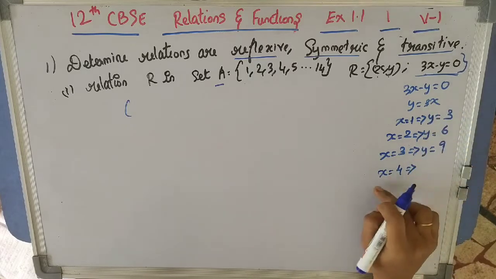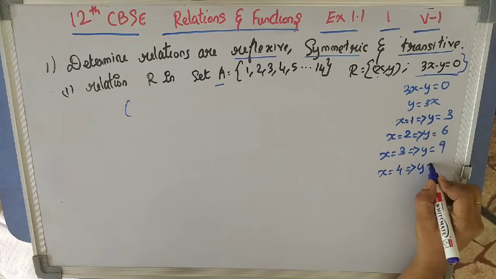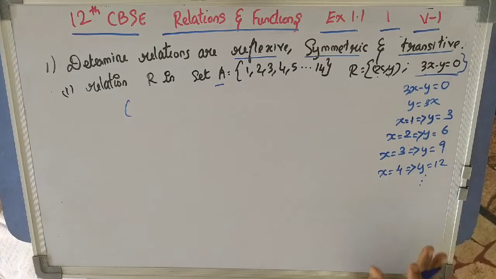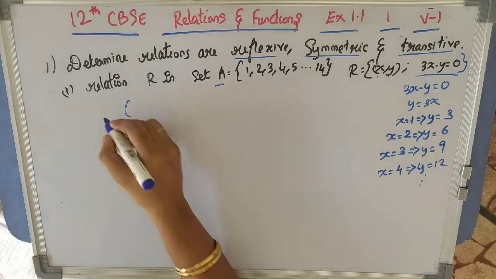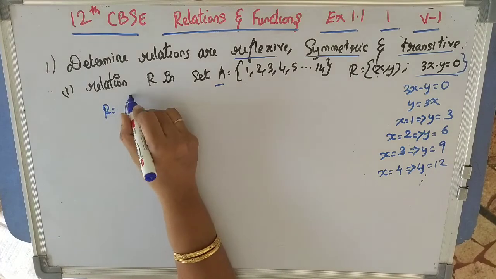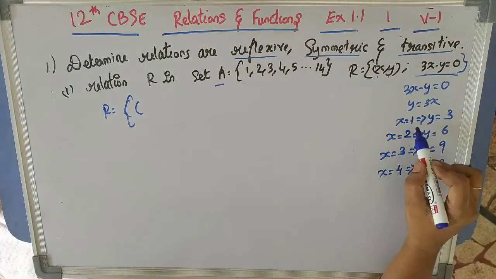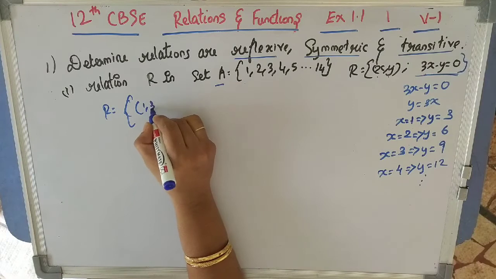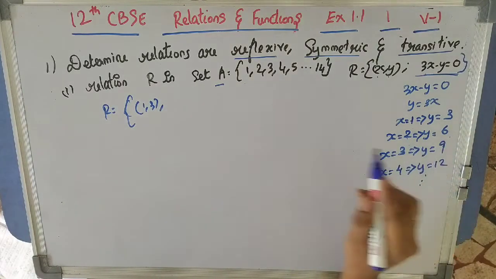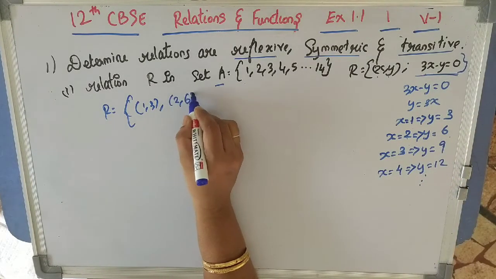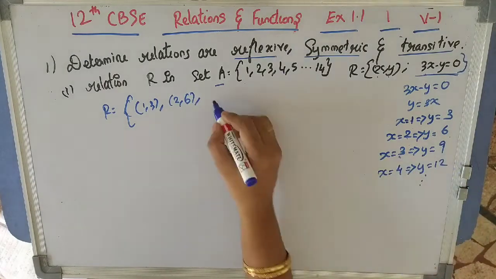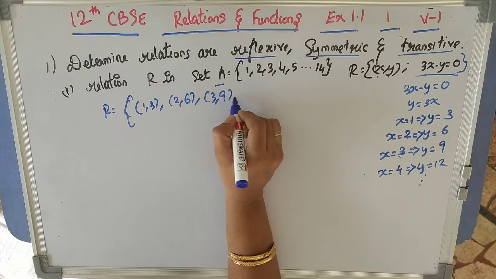It is 3x, so 3 into 4, which is equal to 12. And it goes on. Now, from this we can write the relation R in x and y ordered pairs. That is, R is equal to 1 comma 3, 2 comma 6, 3 comma 9 and 4 comma 12, and it goes on.